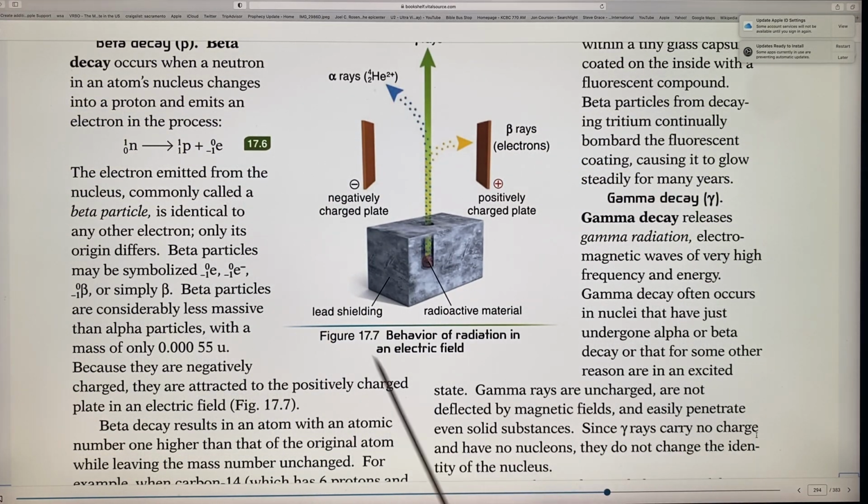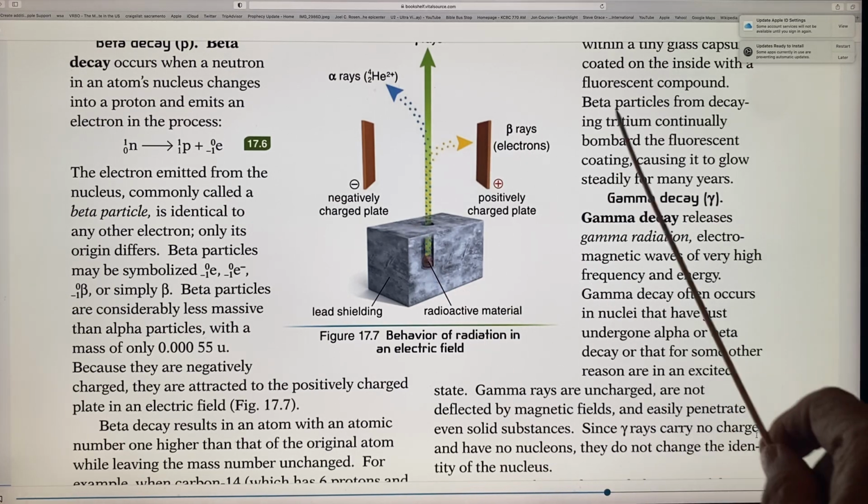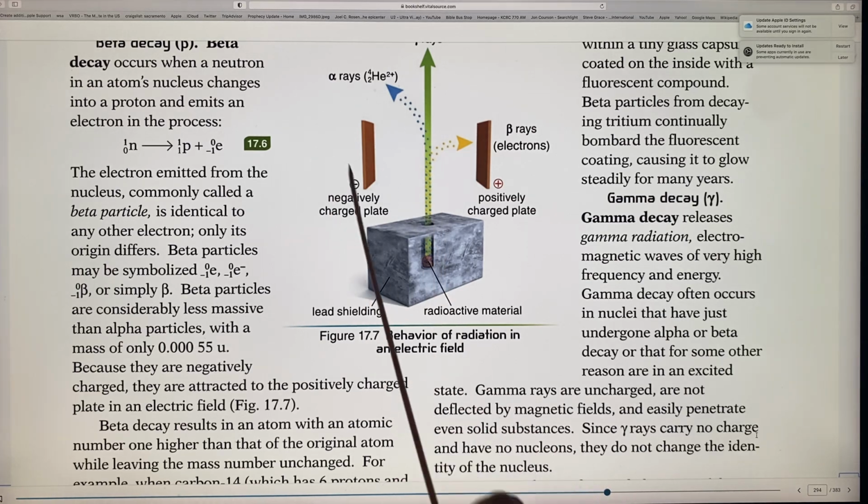There's one plate on one side that is charged positive. So electrons will be drawn over to the positive, because like charges repel and unlike attract, just as the alpha went over to the negative because it's positive. Just remember, alpha rays are positive.